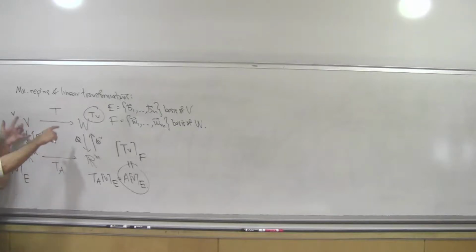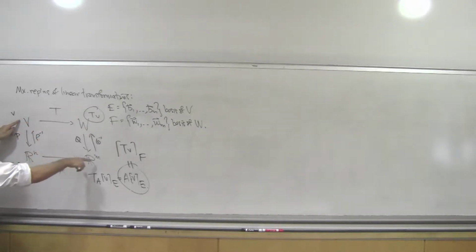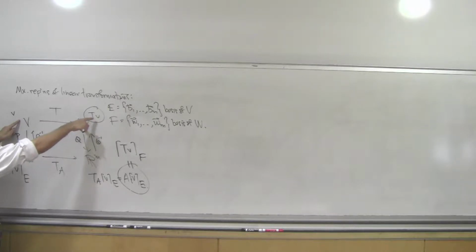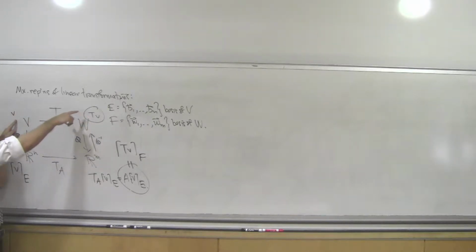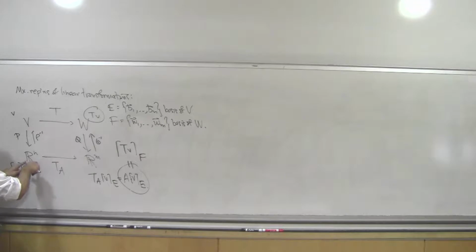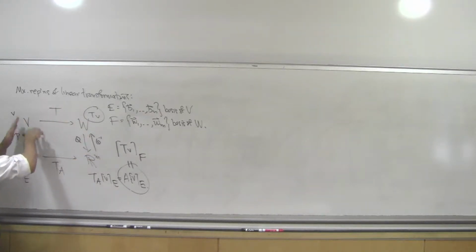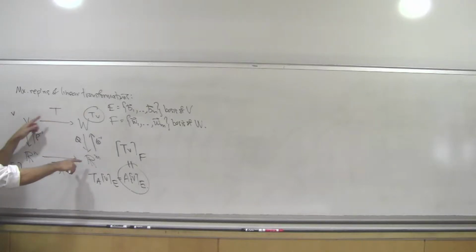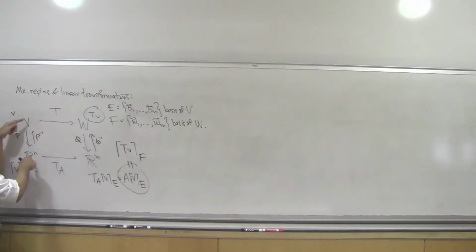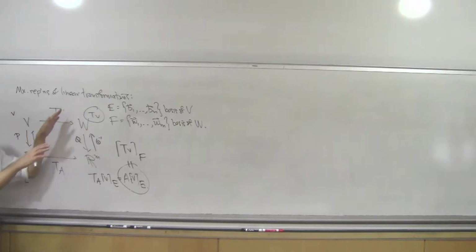The point of this picture is that if we go down like this and then come back up, we get TV, or if we go across, we get TV. Basically it doesn't matter what paths we take, as long as we start and end at the same place, we get the same thing.